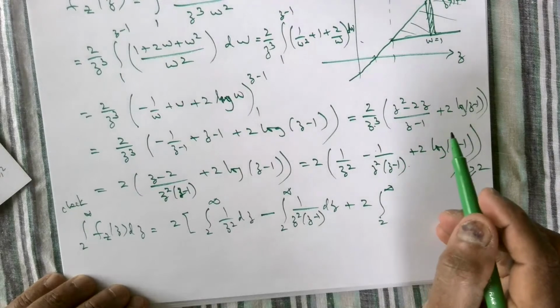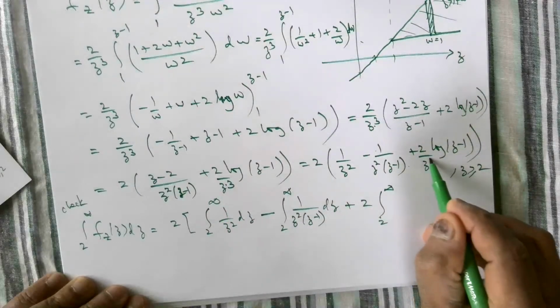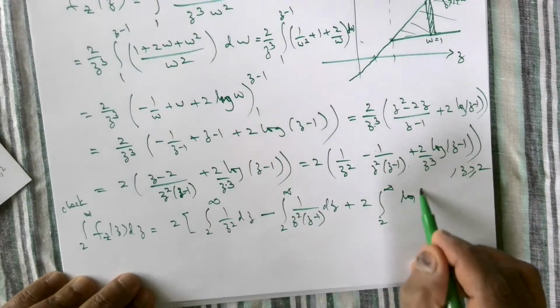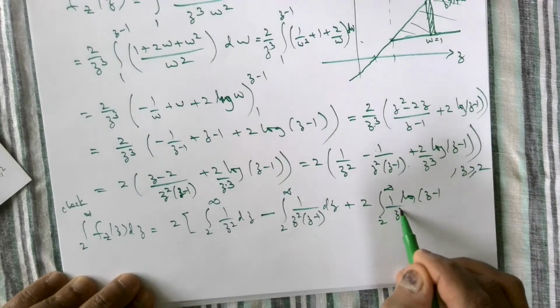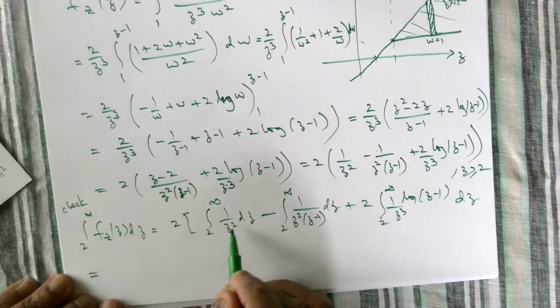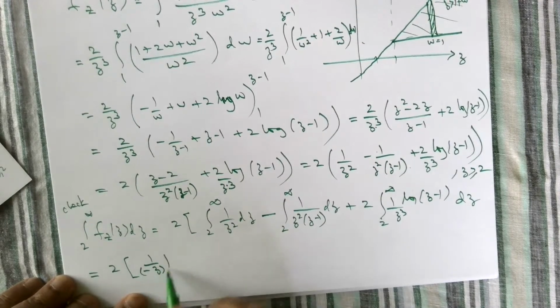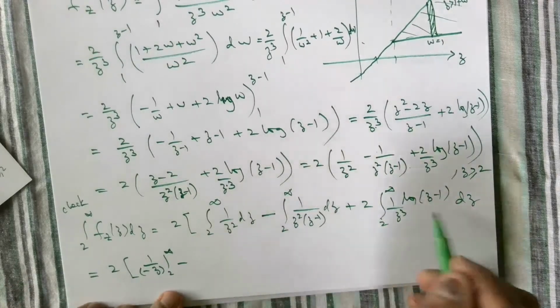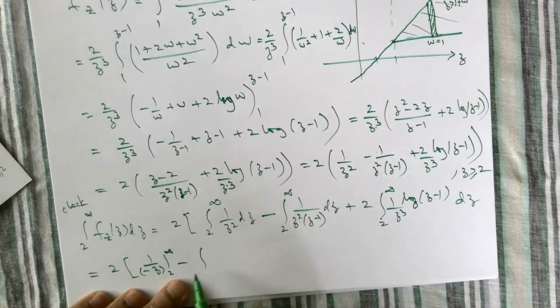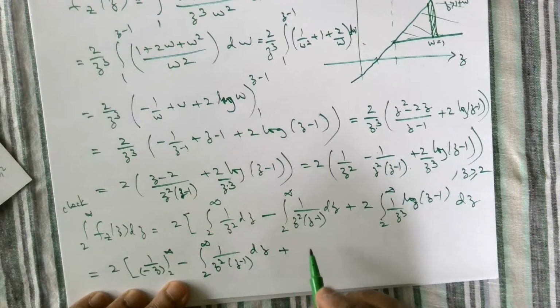When I take it inside, this should be 2 over z cubed. So this is log (z minus 1). And here there is a z cubed dz. So the first term is easy. This is 2 multiplied by minus 1 over z from 2 to infinity. So that's good. I'm going to leave this term as it is, because I think this is going to cancel out here. So minus the integral of 1 over z squared (z minus 1) dz from 2 to infinity plus 2.